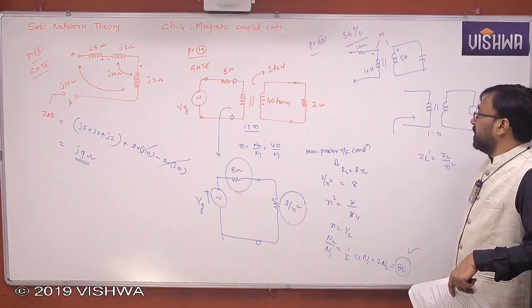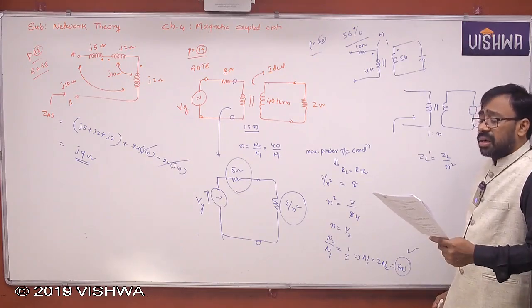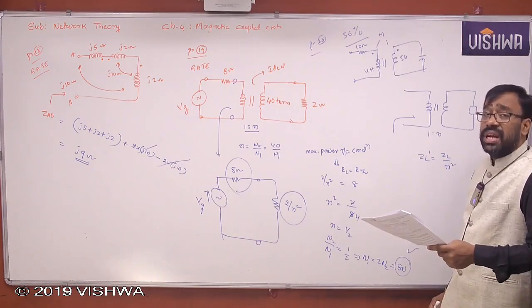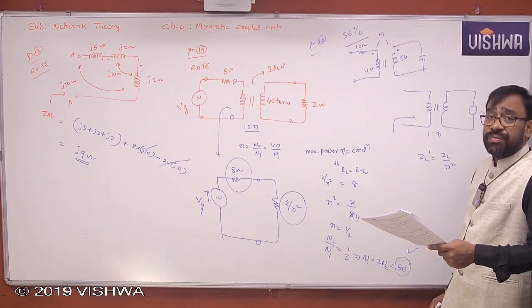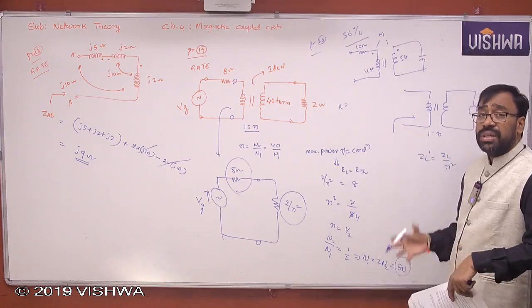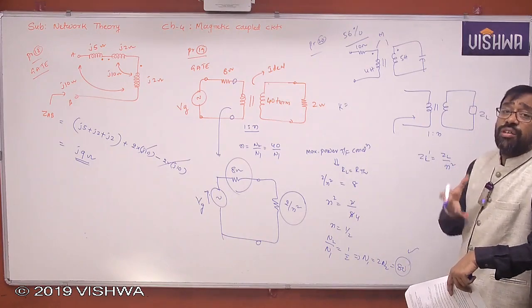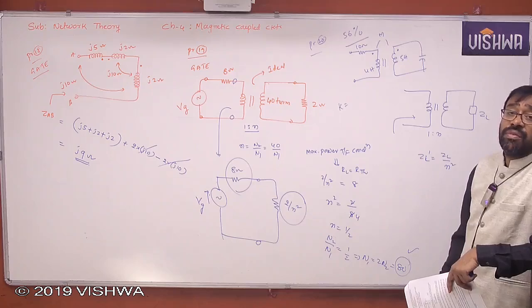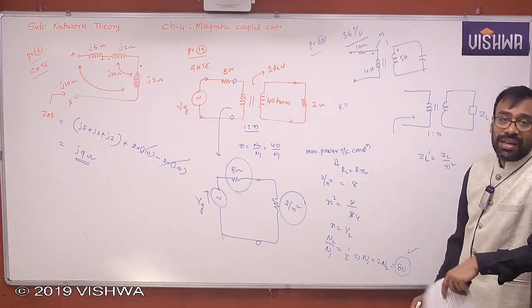What do you mean by 56% of the total flux emanating from the one coil to other coil? Coefficient of coupling K indicates what? How much percentage of the total flux emanating from one coil is linking with the other coil? Yes or no?